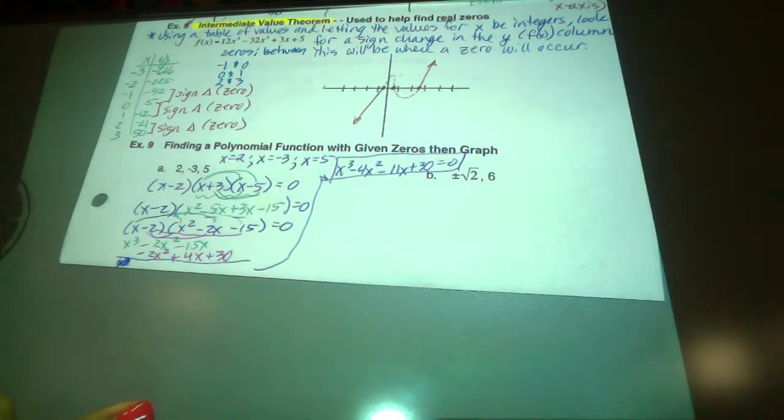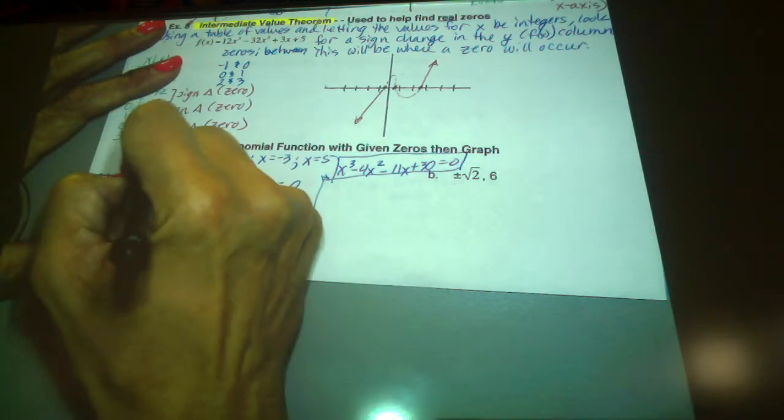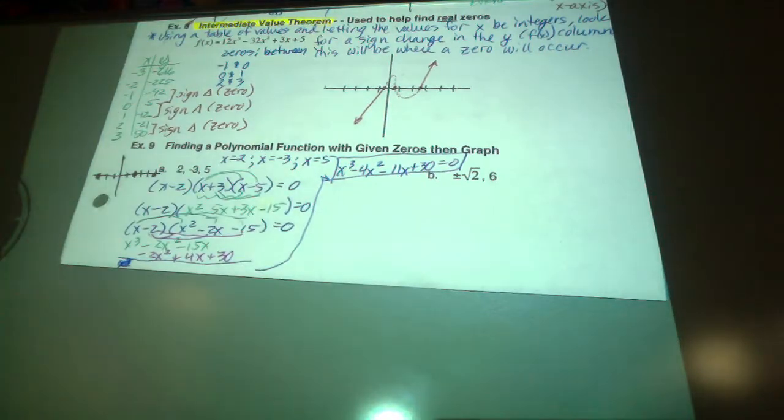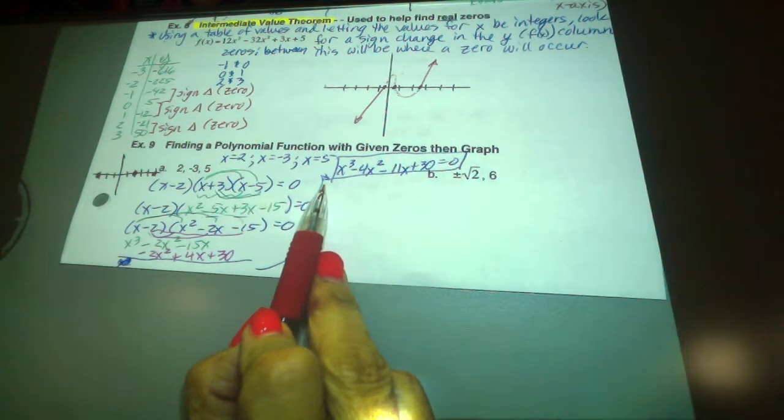And then to graph it, I'm going to just sketch my graph over here. I have a 0 at positive 2, a 0 at negative 3, and a 0 at 5. My leading coefficient is positive, so what does my right-hand behavior do?